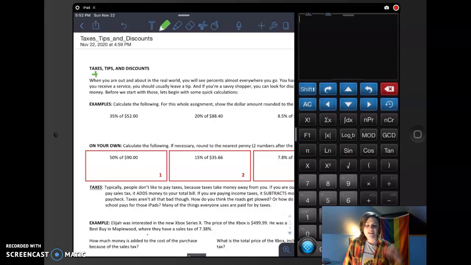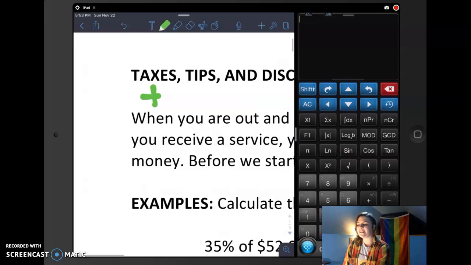So let's define a few words that you might have heard before, but you're not exactly sure what they mean. The first word is taxes. And specifically, we're going to be talking about sales taxes.